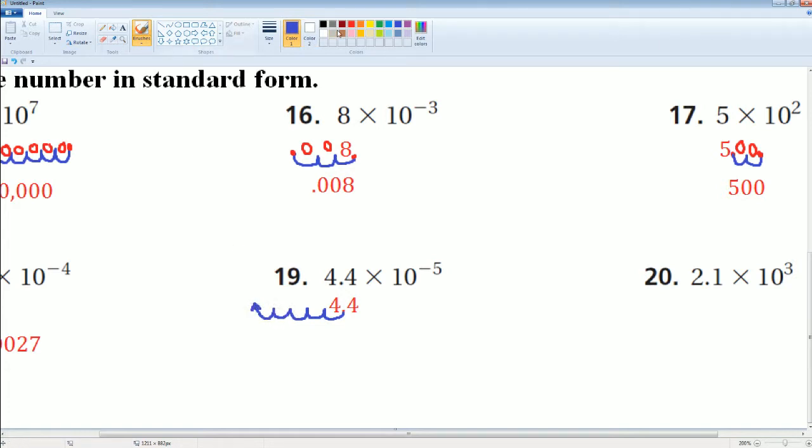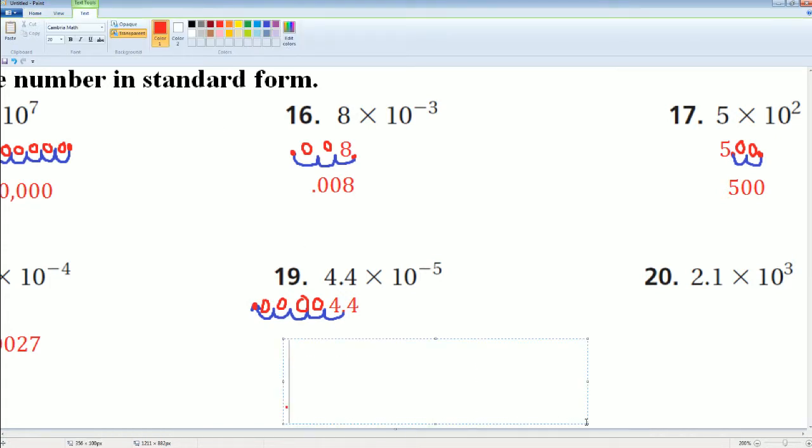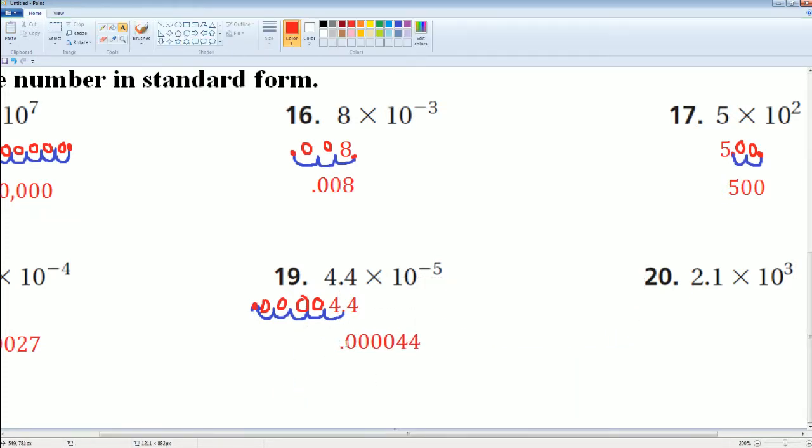Put in the dot. Good. Fill in the rest. 0, 0, 0, 0. So the final answer would be 0.000044. Right? Do you see how this is a small number because the exponent here is negative.